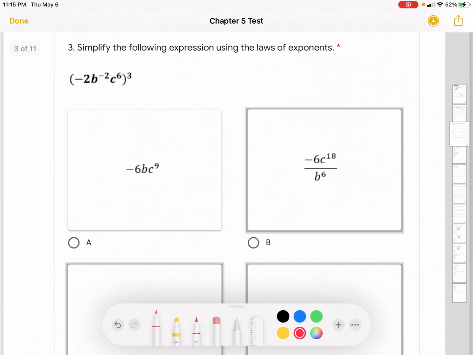Question 3 was an exponent of another exponent. So you would start by giving this 3 to everything. So it becomes negative 2 to the third, b to the negative 2 to the third, and c to the 6 to the third.